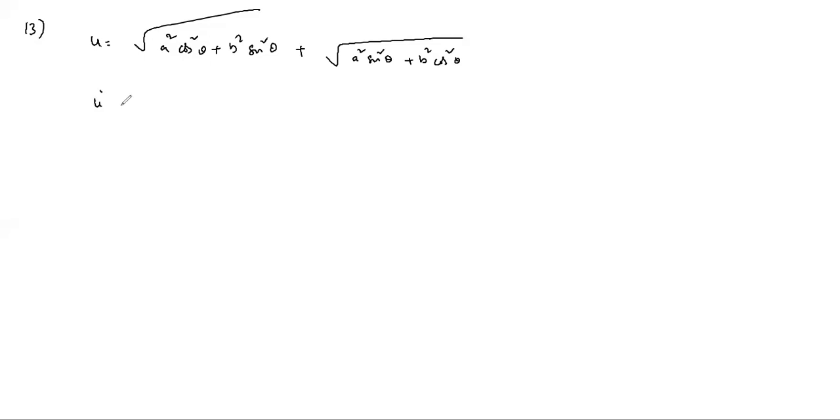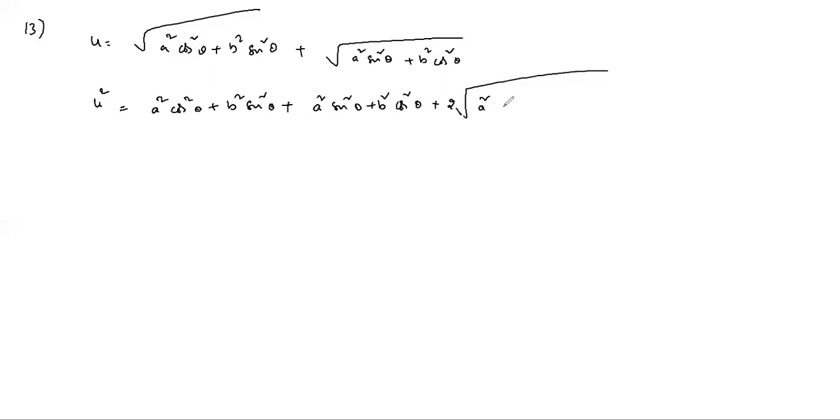So what is u square? a plus b all square. Root a all square is a square cos square theta plus b square sin square theta plus a square sin square theta plus b square cos square theta plus 2 into root ab.